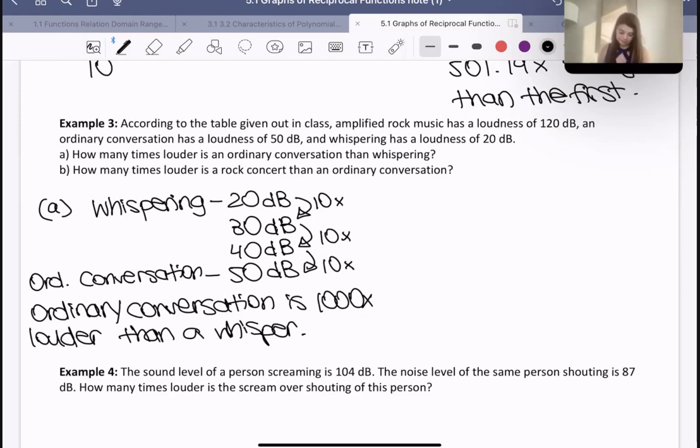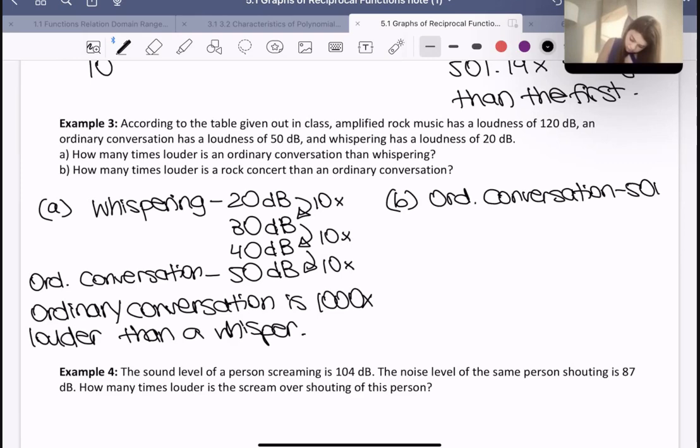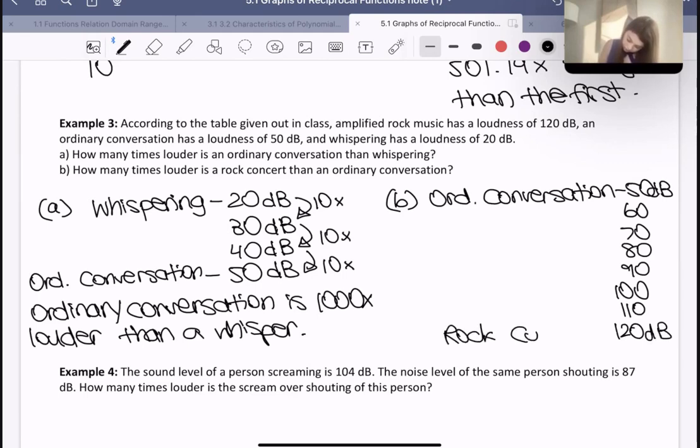Okay. Let's do B, which says how many times louder is a rock concert than an ordinary conversation? So an ordinary conversation is 50. Then we have 60, 70, 80, 90, 100, 110, and then finally 120 for the rock concert. So each of these are times 10.